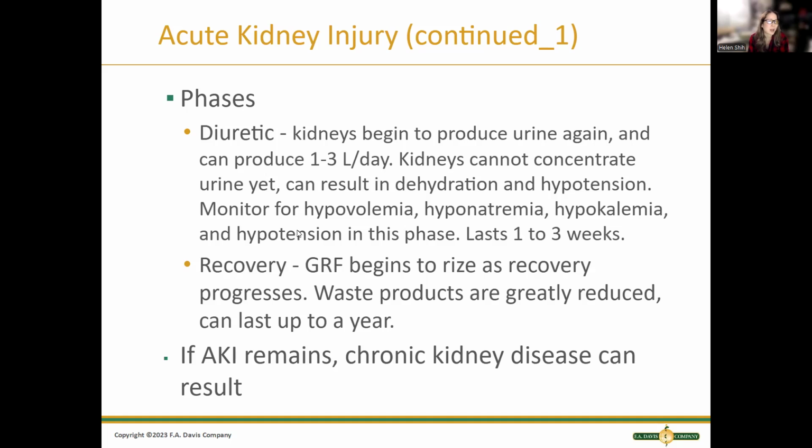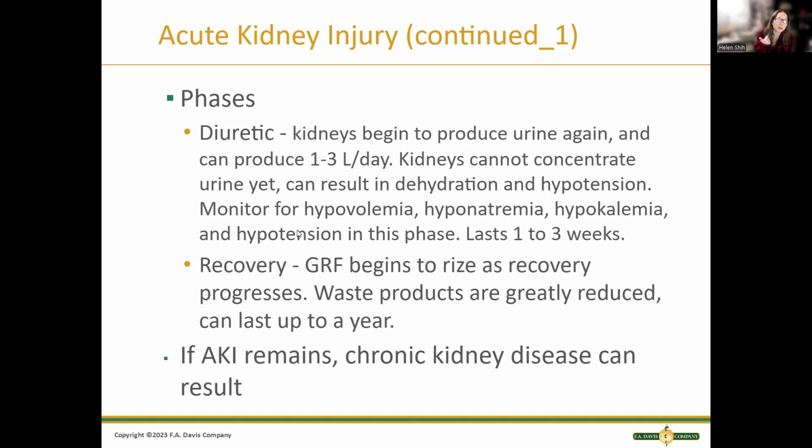However, the kidneys have not yet become fully functional, and so they cannot concentrate urine, which means that you're peeing out a lot, but you're not carrying all of those waste products out into the urine with you. So this can result in dehydration or hypotension. So we're going to monitor for the 4 hypos.